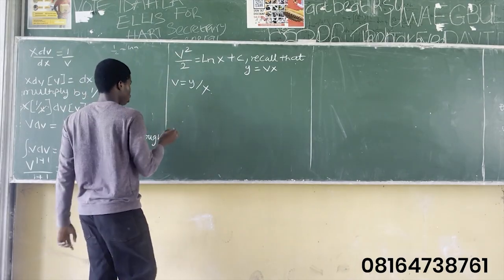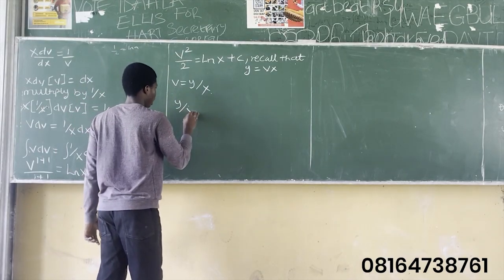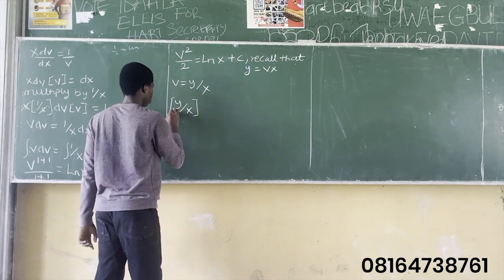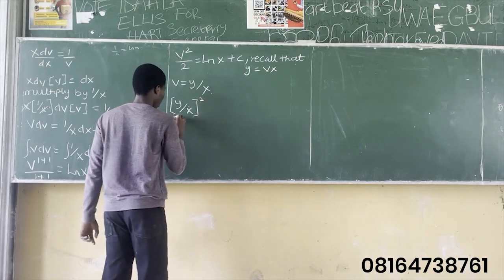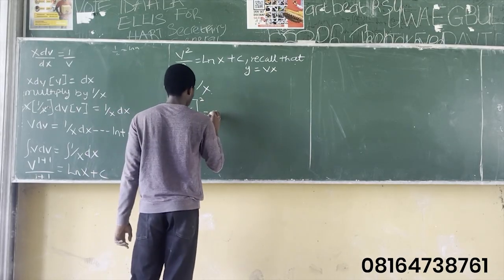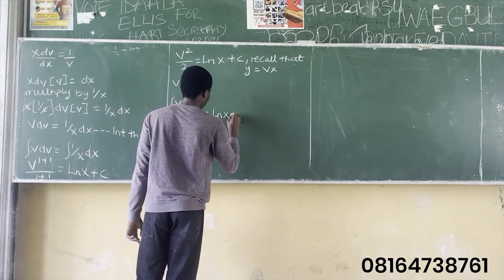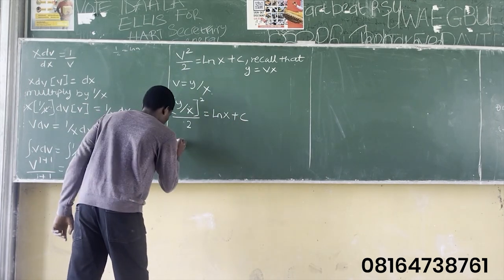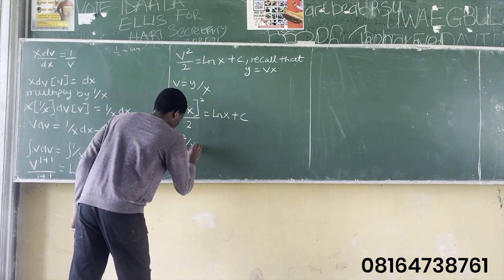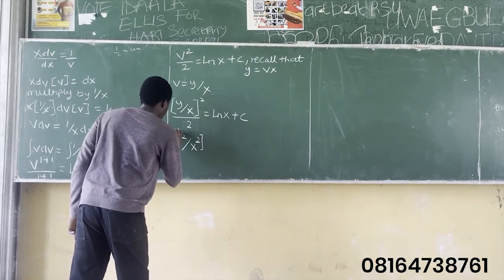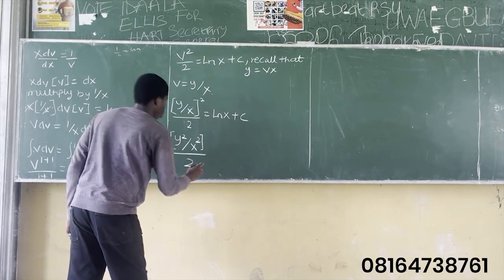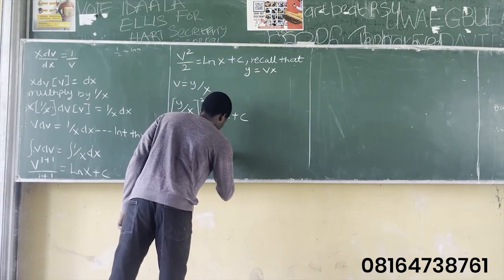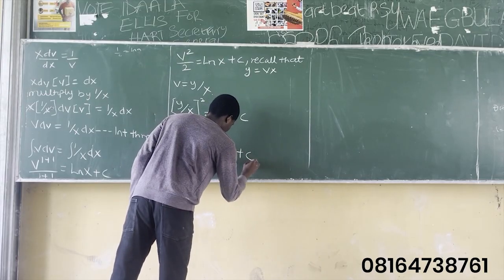So this is going to be (y over x) all squared, divided by 2, is equal to ln x plus c. Now let's simplify this: y squared over x squared, all divided by 2, is equal to ln x plus c.